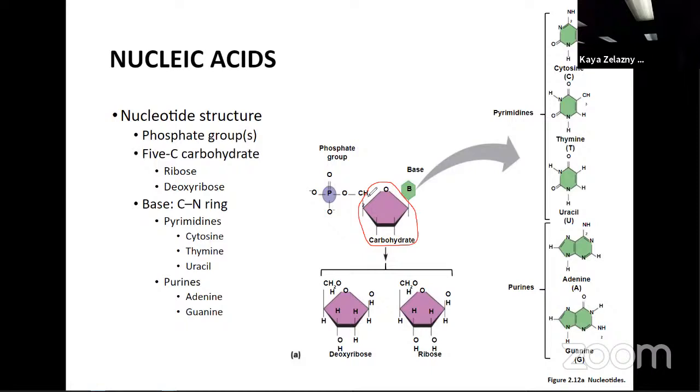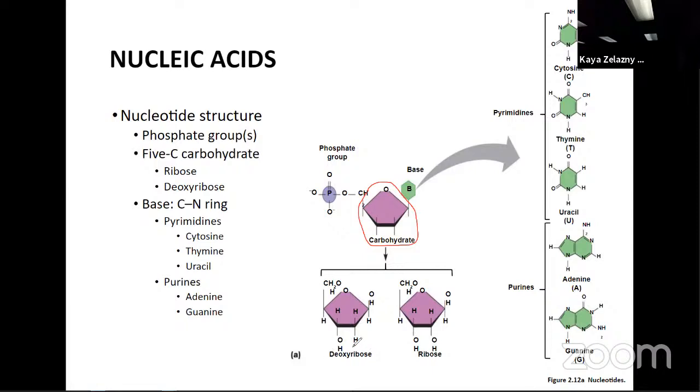That carbohydrate is going to be a 5-carbon sugar. So don't get tripped up by the fact that you do see these hydroxyl groups in here. That's normal for a nucleic acid, these additional branches that make it its own group. We're going to have either ribose or deoxyribose here as our sugar in the center.